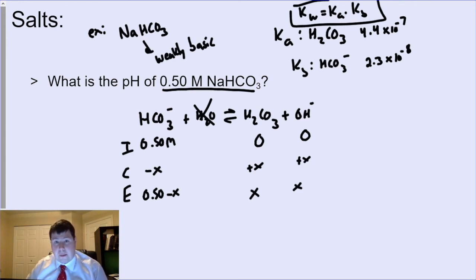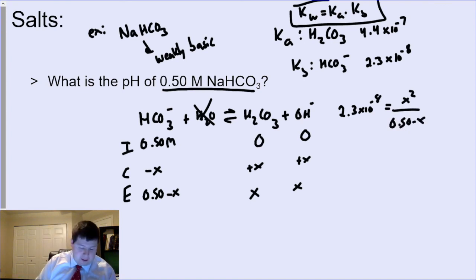X and x are my equilibrium concentrations of H2CO3 and OH-. From here, this looks exactly like a weak base equilibrium. Solving this out, 2.3 times 10 to the minus 8th is going to be x squared divided by 0.50 minus x. Luckily for us, we can again make the small x approximation. That x is going to be small.